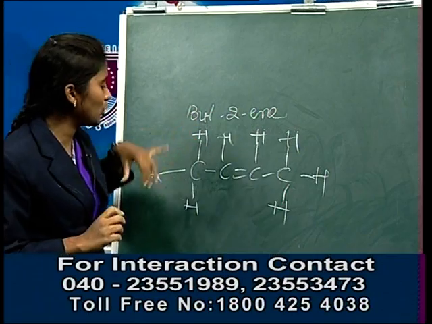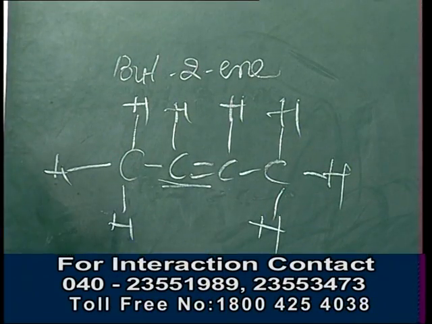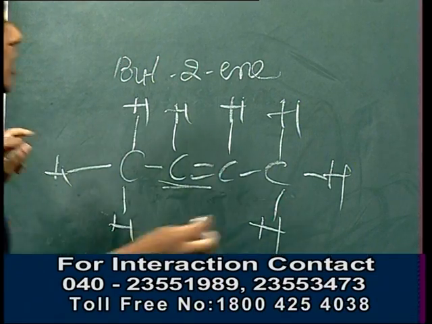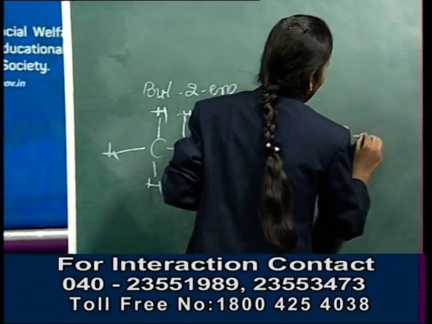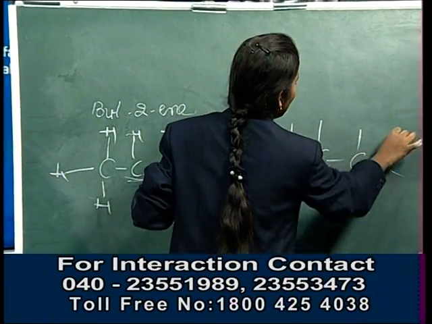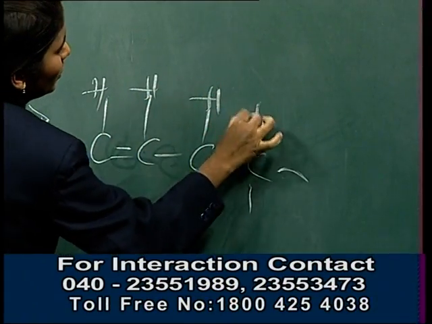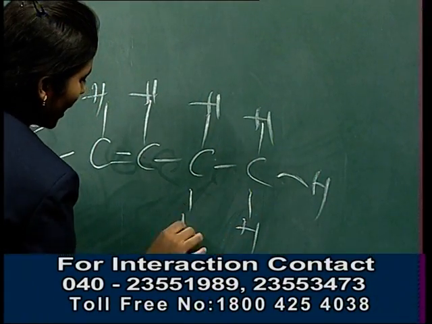Why we call it 2-butene means here the cis. We can take the double bond in front of the second atom. That's why we call it 2-butene. So it converts to what? 4 carbons. How many hydrogens are there? 1, 2, 3, 4, 5, 6, 7 and 8.